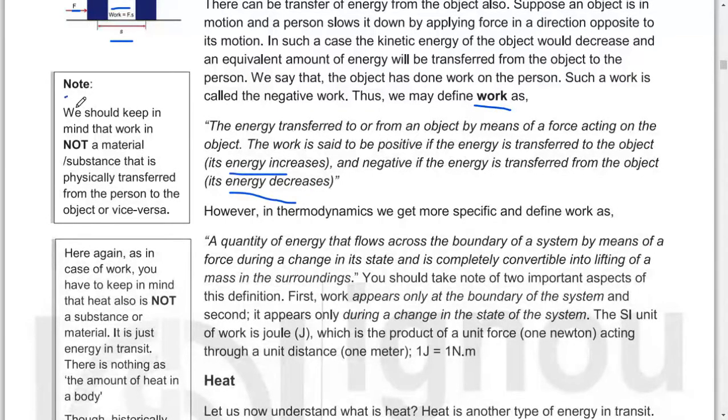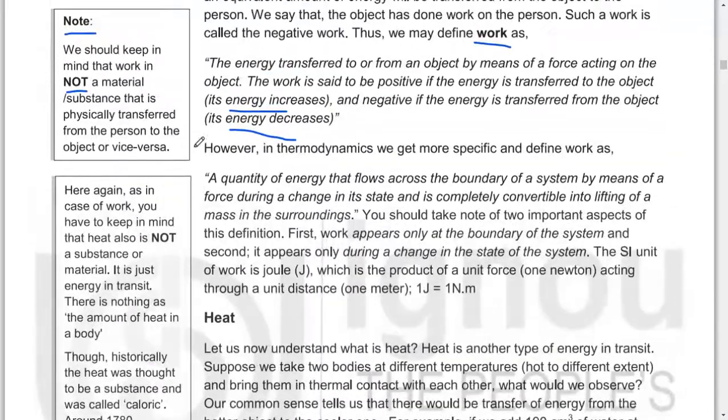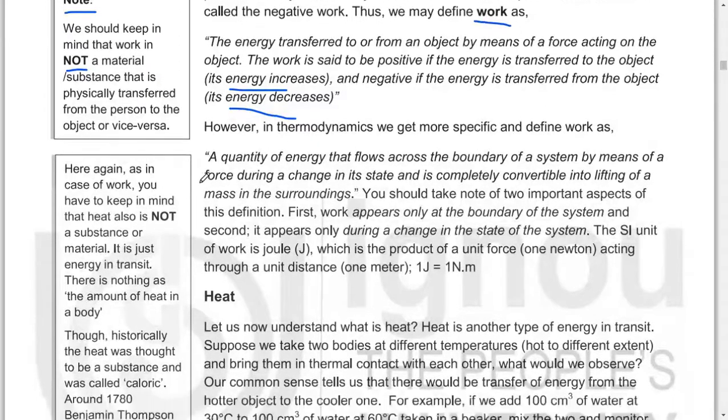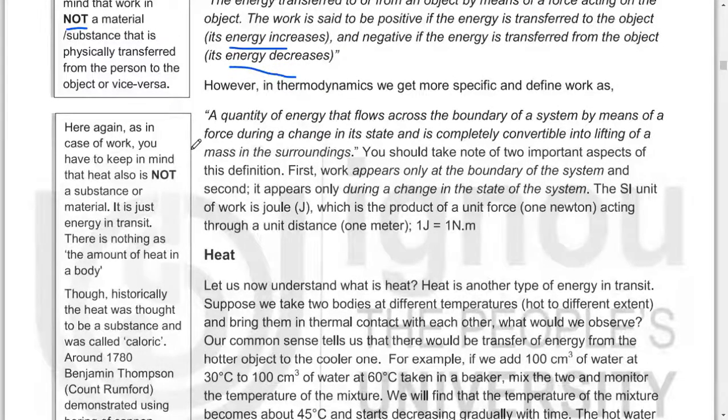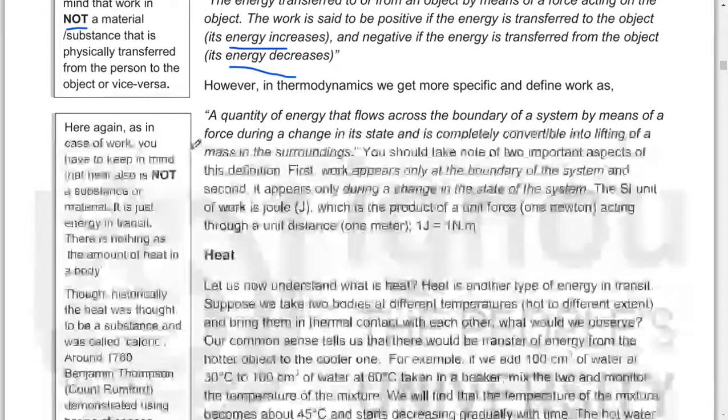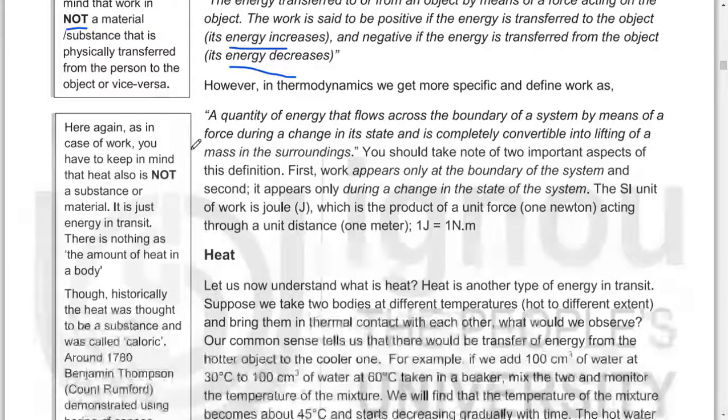Note: we should keep in mind that work is not a material substance that is physically transferred from the person to the object or vice versa. However, in thermodynamics, we get more specific and define work as a quantity of energy that flows across the boundary of a system by means of a force during a change in its state and is completely convertible into lifting of a mass in the surroundings.